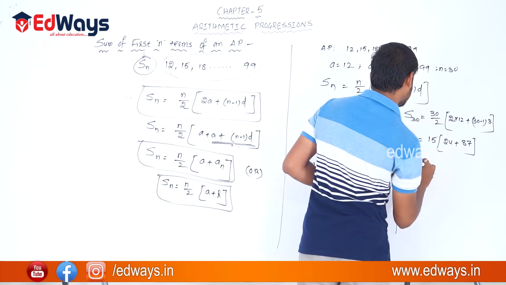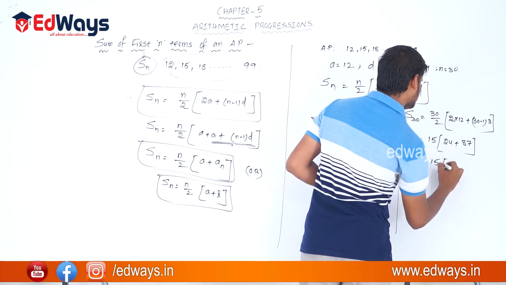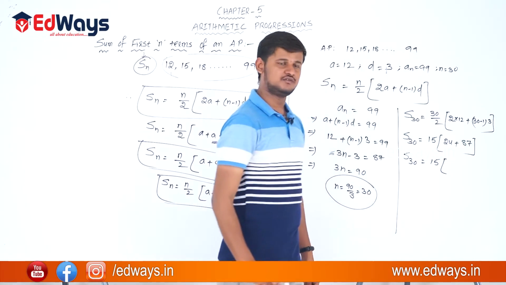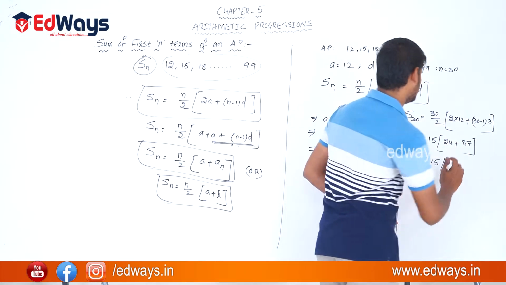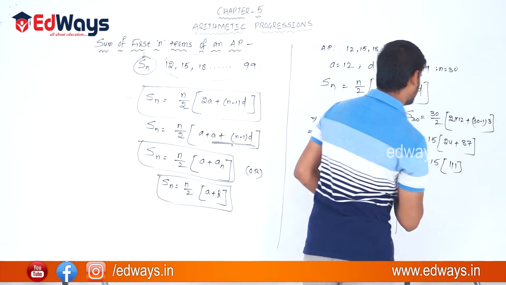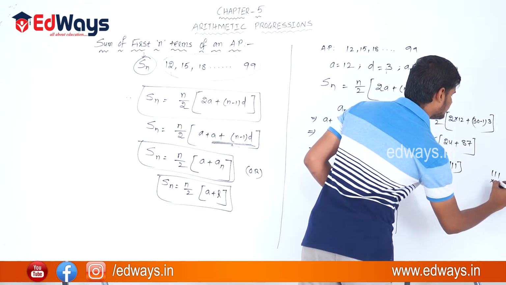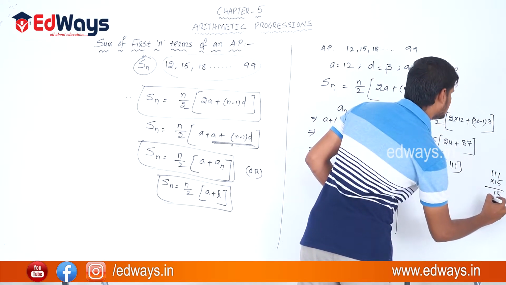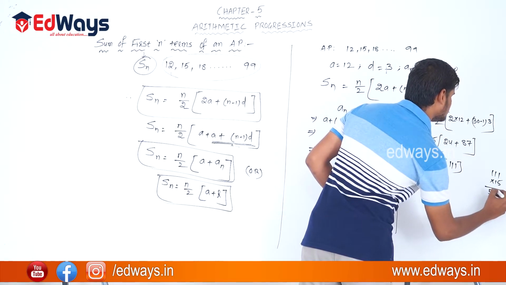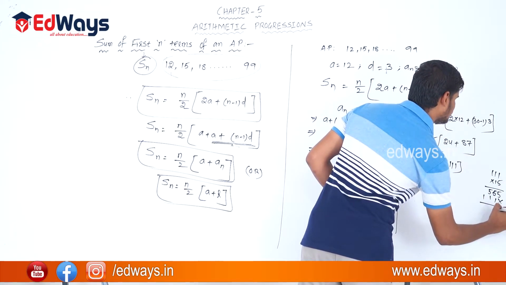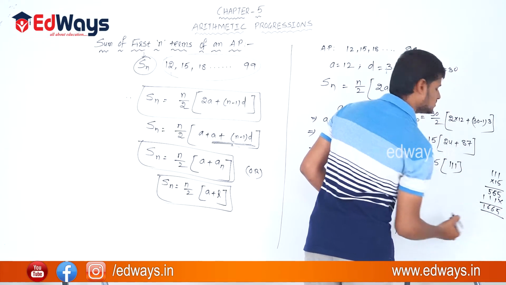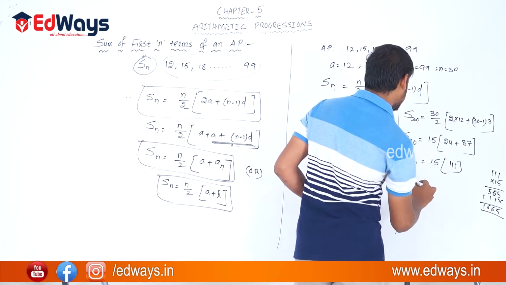So S30 is equal to 15 into 87 plus 24, that is 100 plus 11, that is 111. 111 into 15, what's this value?